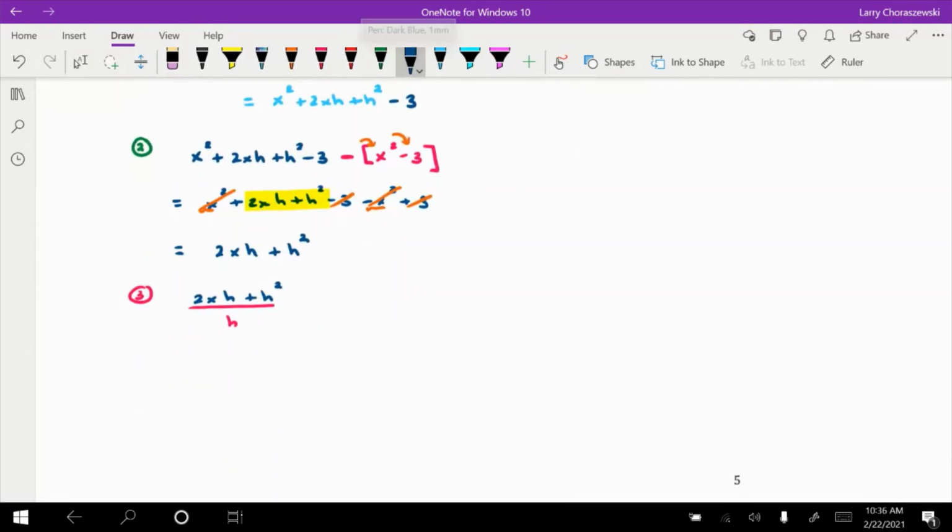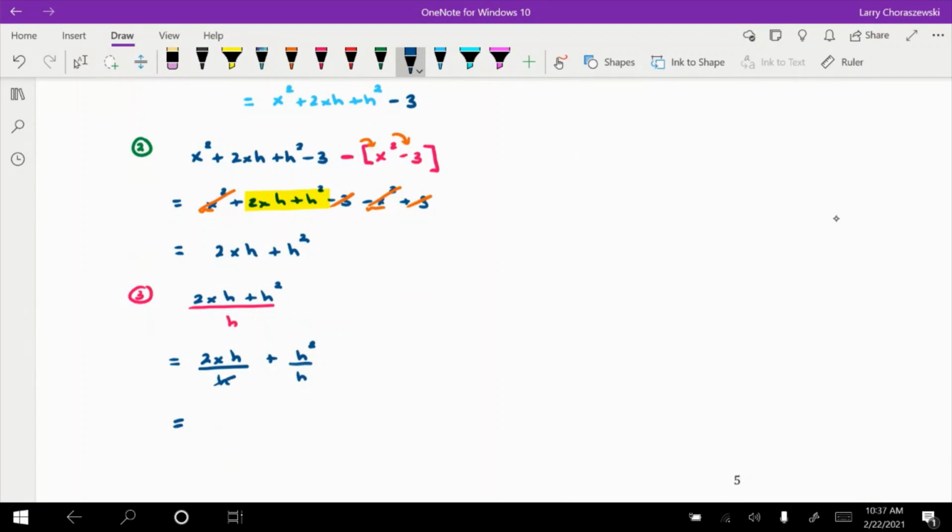Now check this out. We can break this up into 2 fractions with a common denominator of h. The first fraction would be 2xh over h, and then the second fraction would be h squared over h. And does anybody see why I may have split it up into 2 fractions? What's going to happen with each of these fractions? They're going to simplify, aren't they?